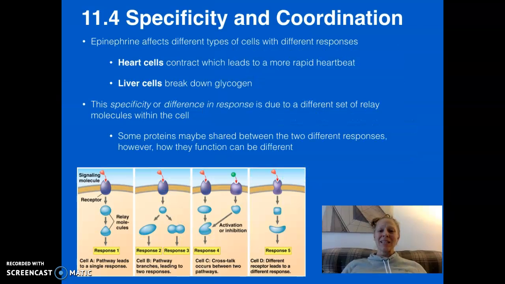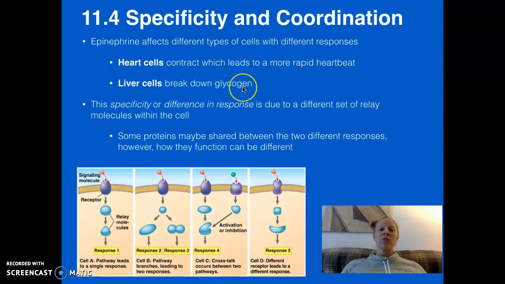All right, next, specificity and coordination. These multi-step pathways allow for specific and coordinated steps. Epinephrine is going to affect different types of cells with different responses. For example, a heart cell, when it receives epinephrine, is going to have a more rapid heartbeat. Liver cells, though, when they receive epinephrine, are going to break down glycogen.